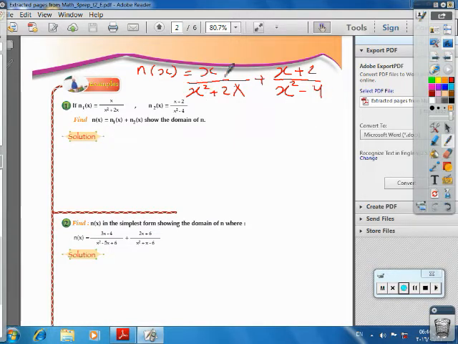Now the denominators are in the second degree.